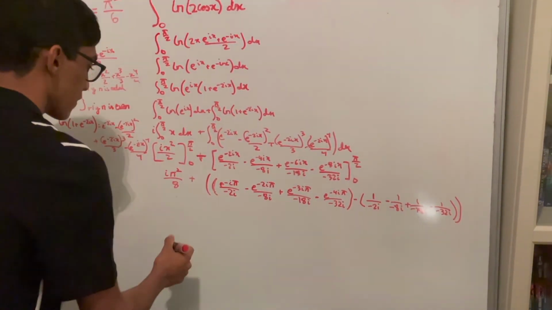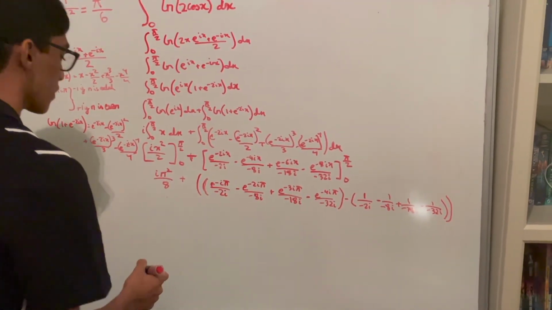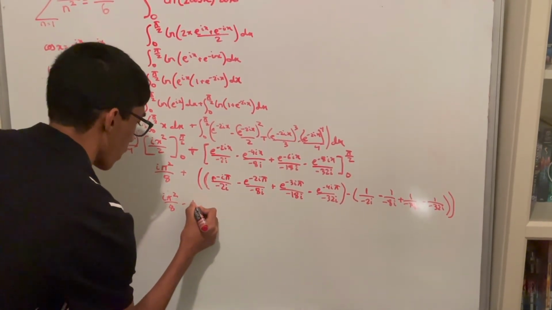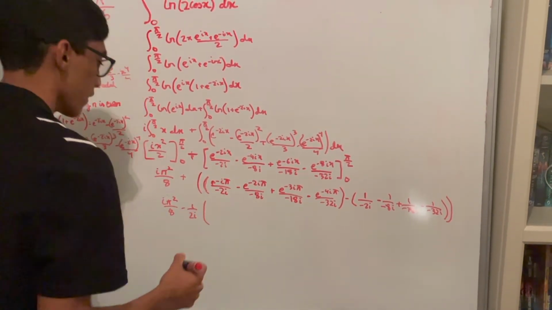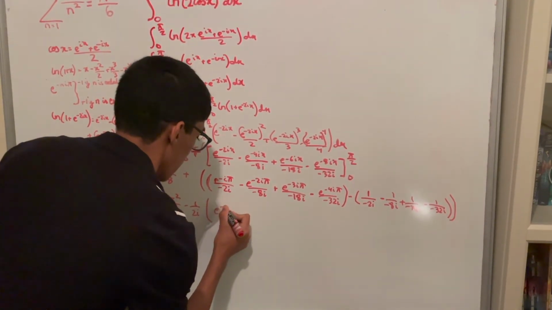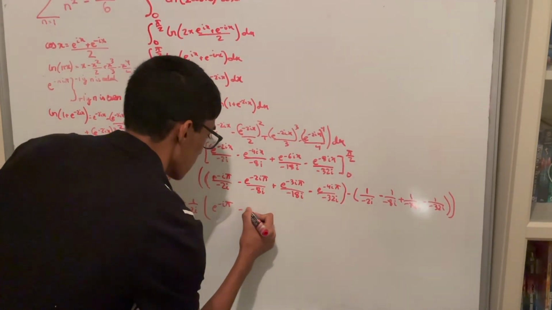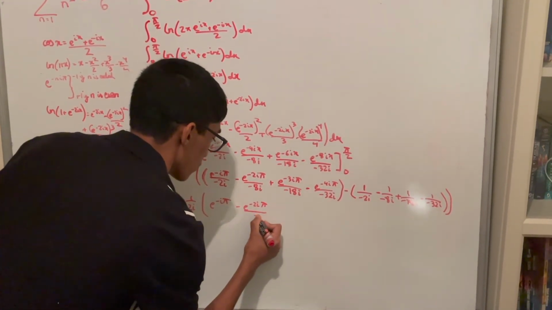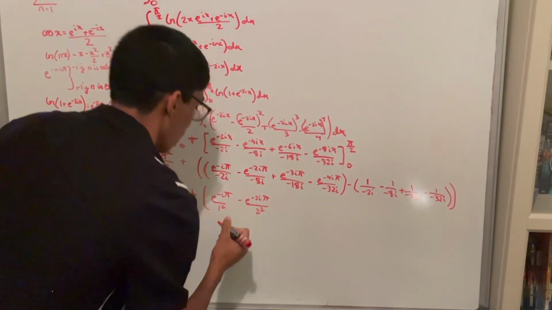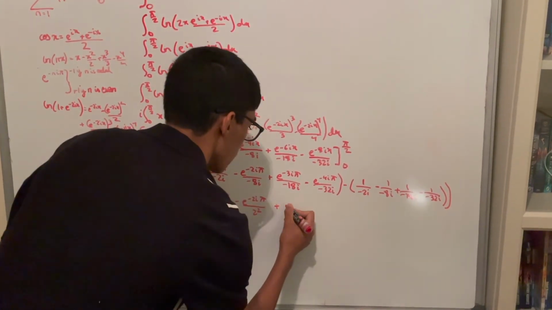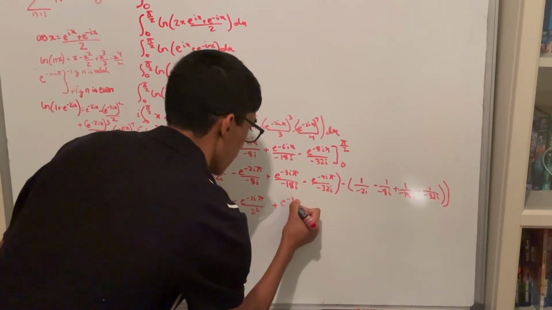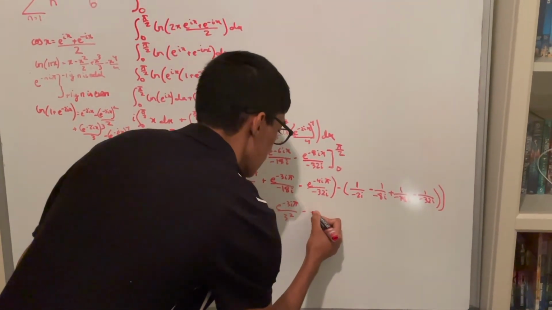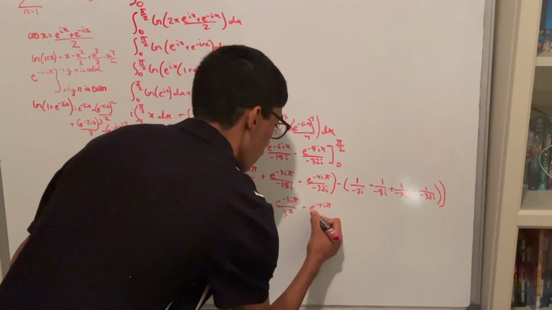Now we can simplify this further by taking 1 over minus 2i common. So we have i pi squared over 8 minus 1 over 2i, leaving us with e to the power minus i pi minus e to the power minus 2i pi over 2 squared, so we can write that as 1 squared, plus e to the power minus 3i pi over 3 squared minus e to the power minus 4i pi over 4 squared.